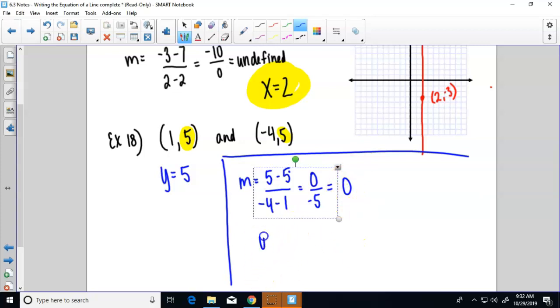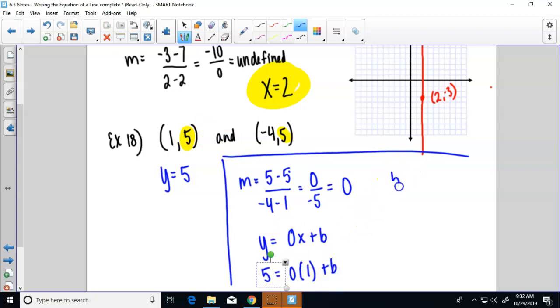So you got y equals 0x plus b. You could take one of these points and plug it in. It doesn't matter which one you pick. So you could put 5 equals 0 times 1 plus b. So 5 equals 0 plus b, which is just b. So you end up with y equals 0x plus 5.